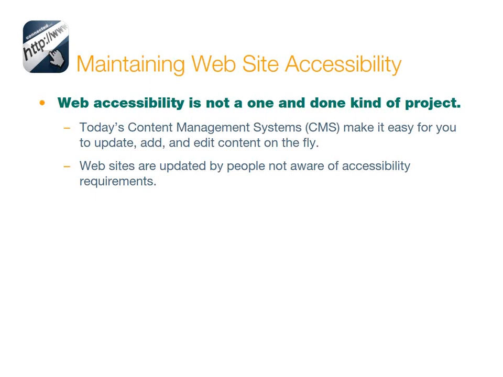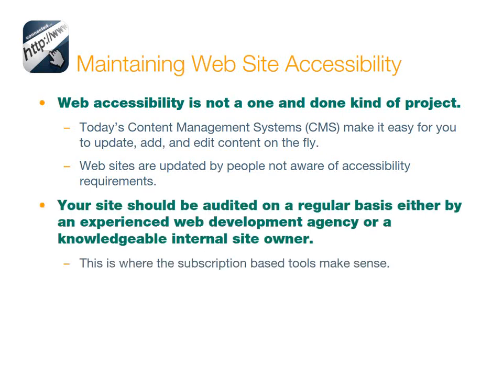With today's websites and the content management systems on the back end and how easy it is for you to update and edit content and add pages to your website and add graphics and all of those things, it's really easy. They're just great. But now websites are updated by people that may not be aware of the accessibility requirements. So this is where the training comes into play, and the automated scans come into play again.